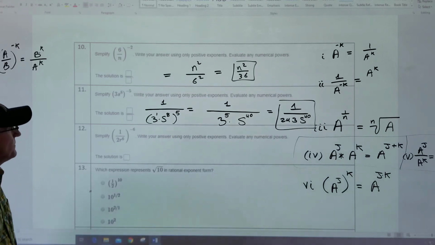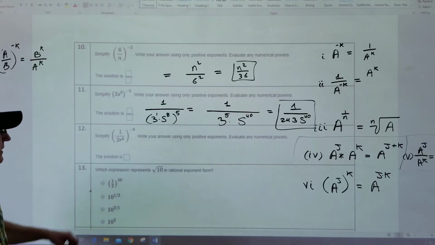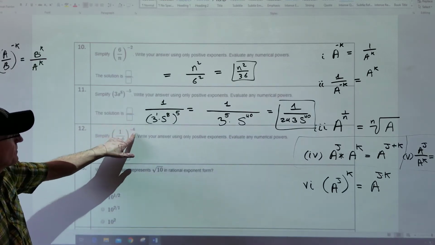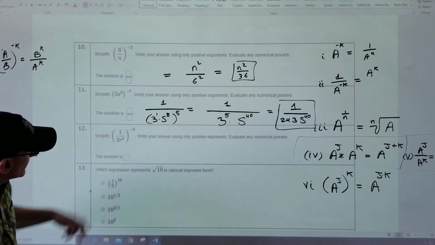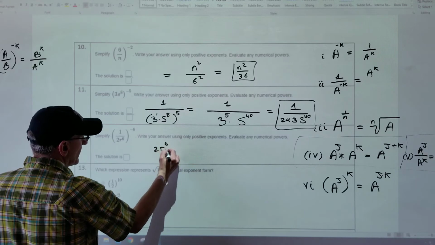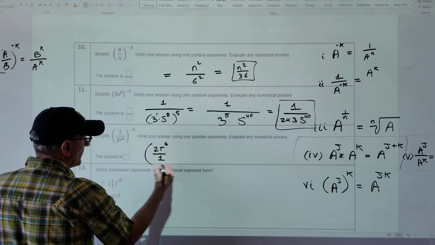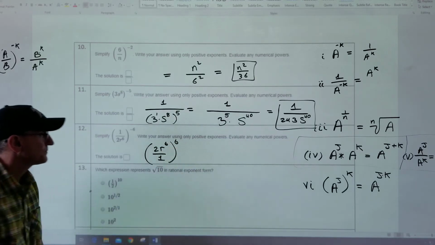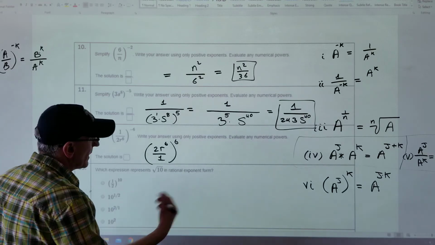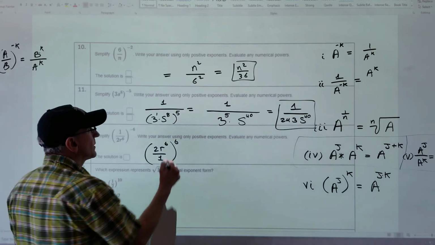Problem 12. Remember what we did with that last problem? It had a negative exponent. We went ahead and just flipped it over to start with. So you would have 2r to the 6th over 1 all to the 6th power. And then essentially, and we could write down a new property for this, but it kind of works like this problem did.